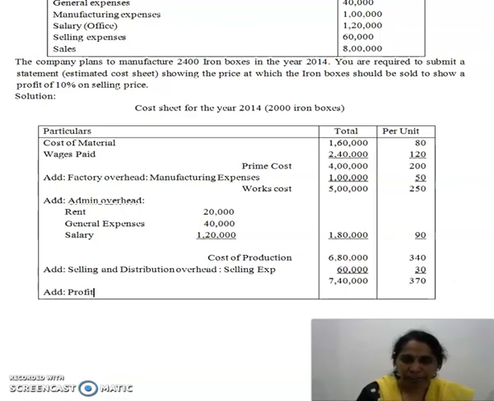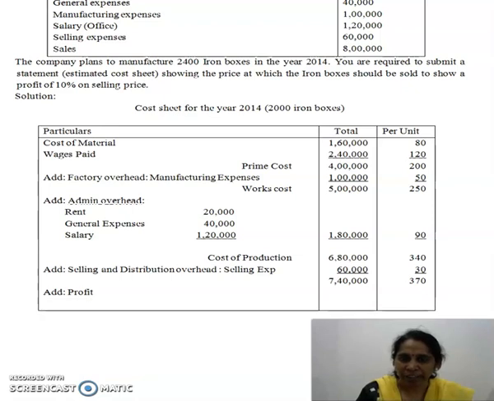I think no profit is given, but there is a clue given in this problem, that is sales. So sales are given, so easily we can find out what the profit is. First you write the sales. It's for 2,000 units, then per unit is 8 lakhs divided by 2,000, it is coming 400 rupees.